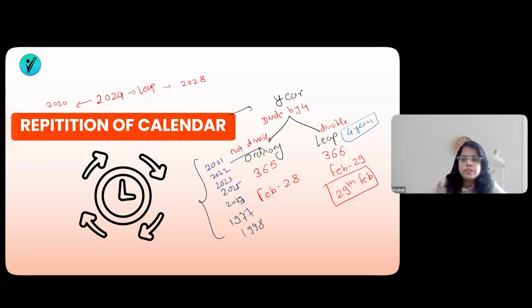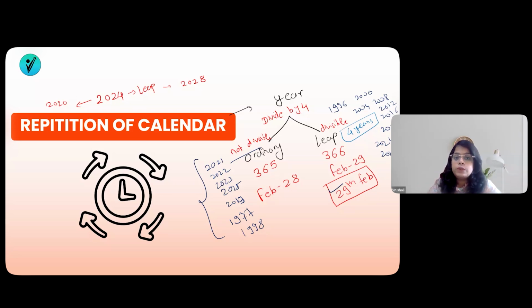And all the numbers which are divisible by 4 are leap years, like 1996, 2000, 2004, 2008, 2012, 2016, 2020, 2024, 2028. These are leap years because they consist of the 29th of Feb, which comes after every 4 years, right? These are the normal years.